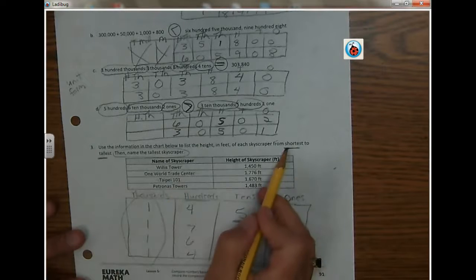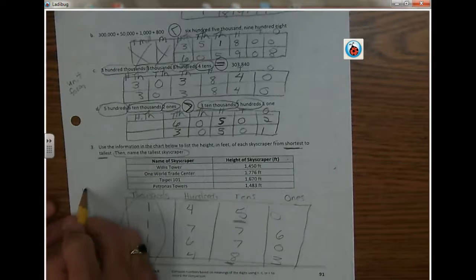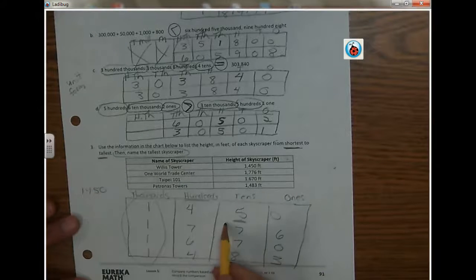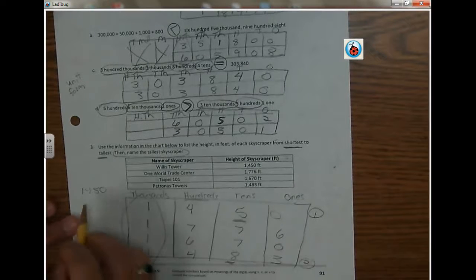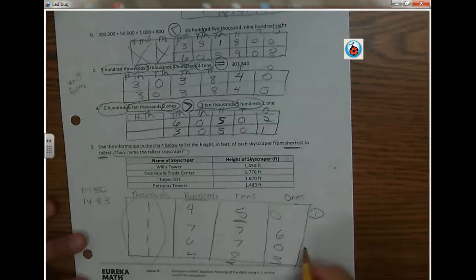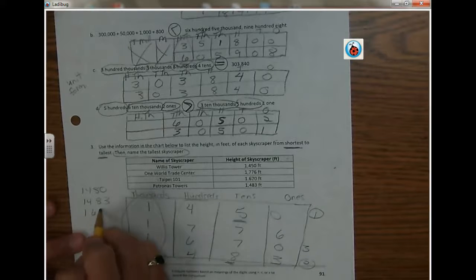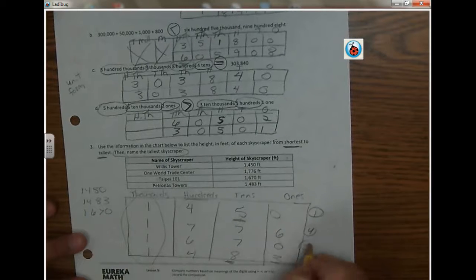So going from shortest to tallest, it would be 1,450 first. Second would be 1,483. Now I can compare the next two. This has a 6, so that would be my third one, 1,670. And then my last one, which is my tallest, would be 1,776.